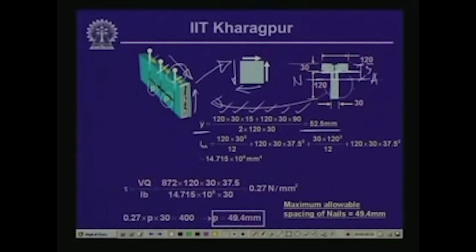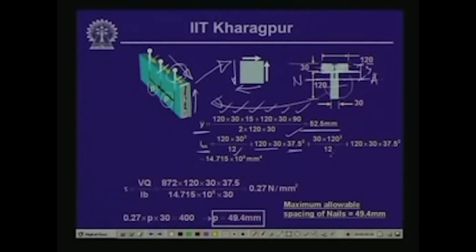Now, we have to evaluate the moment of inertia of this particular cross section with respect to the neutral axis. So, I about the neutral axis: again we divide the whole cross section into two rectangles. The first rectangle, 120 by 30, has a moment of inertia about its own axis of 120 times 30 cube by 12, plus 120 times 30 times the square of its CG distance from the neutral axis, which is 52.5 minus 15, that is 37.5.